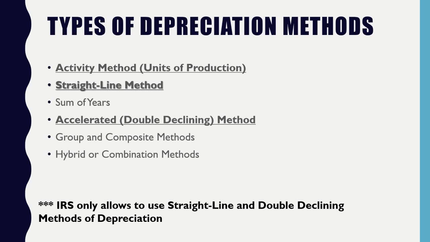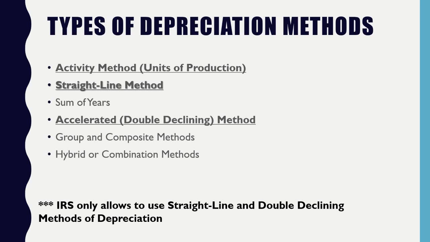There are different types of methods that do exist out there, but for this class, I want to only show you three of them. Two of them are primarily what the IRS would technically tell you to do.